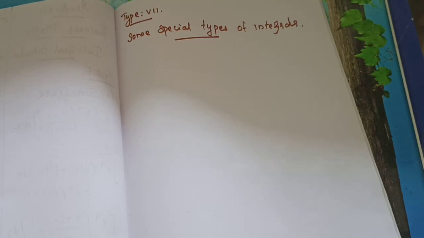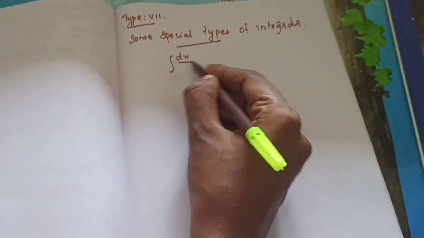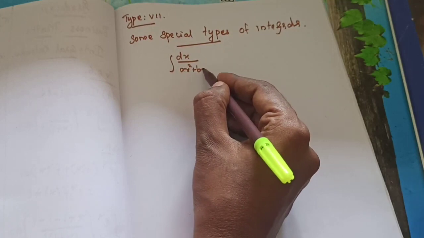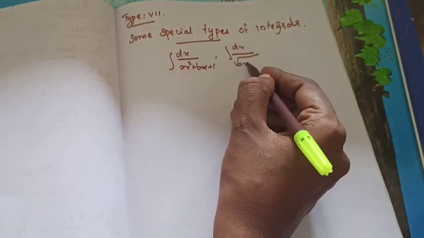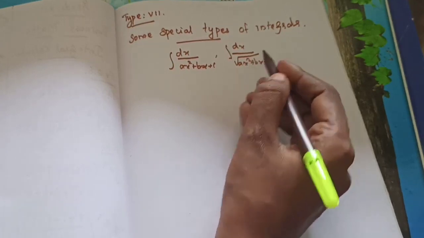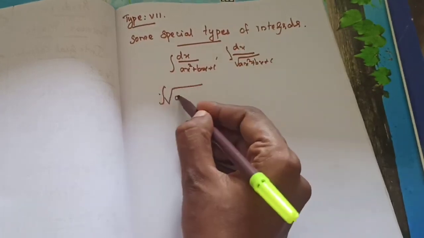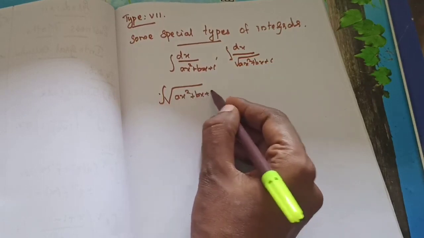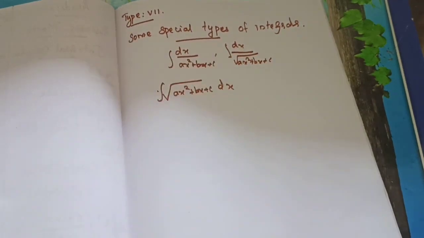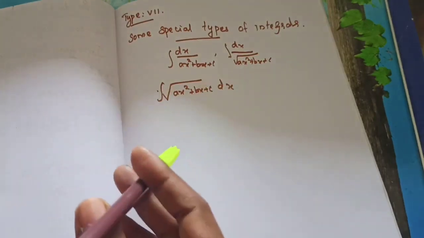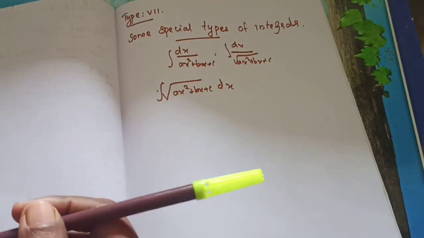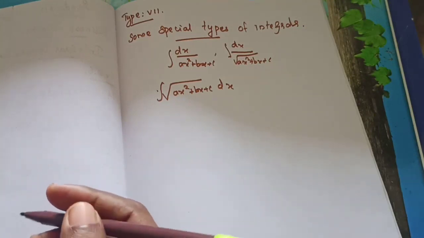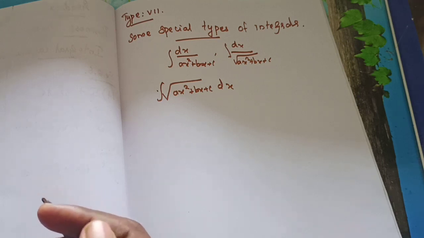If an integral is of the form integral of dx by ax square plus bx plus c, otherwise integral of dx divided by square root of ax square plus bx plus c, otherwise integral of square root of ax square plus bx plus c dx, then if the question is any one of these 3 types, we will use the formulas. Here there are 6 formulas, very important. You must learn the 6 formulas. Without learning them, you can't do the problems.